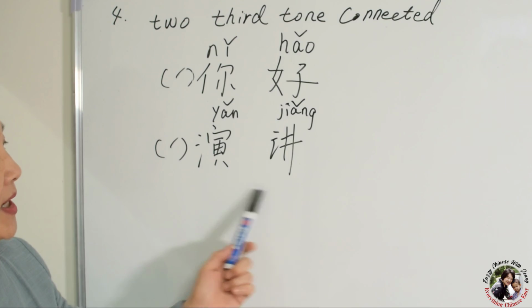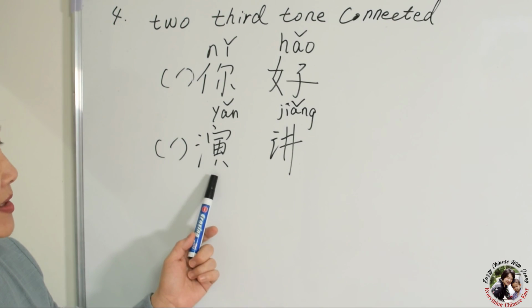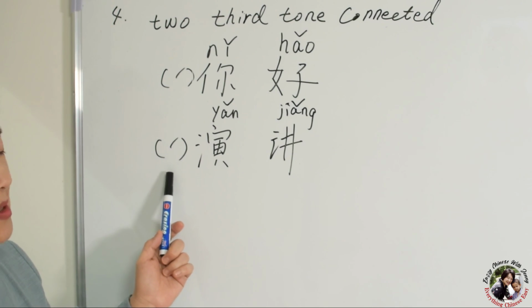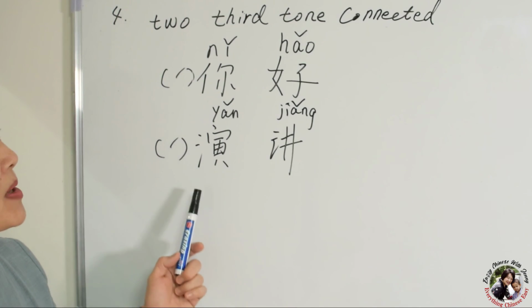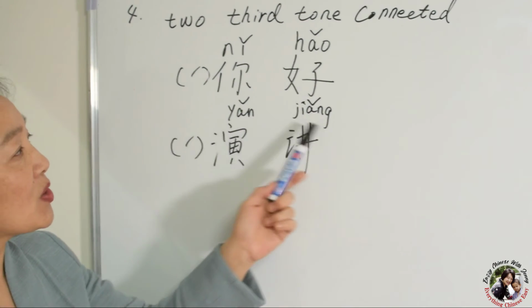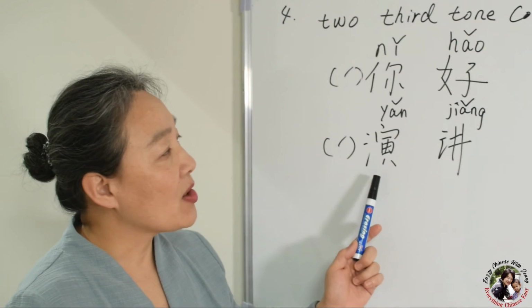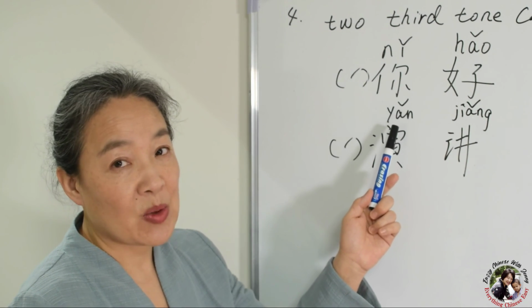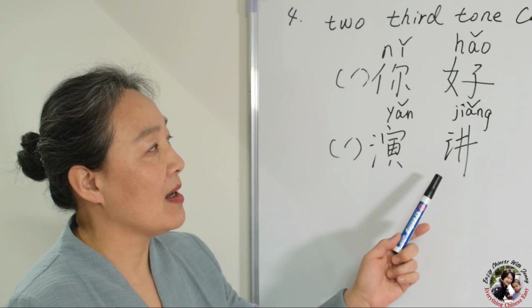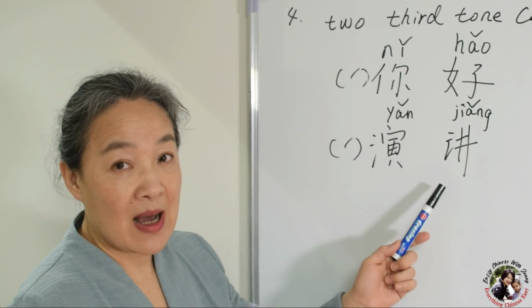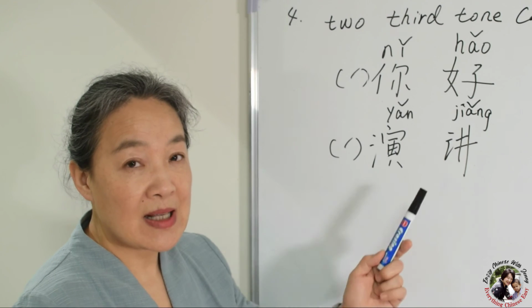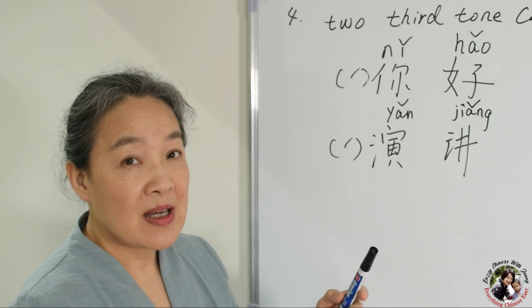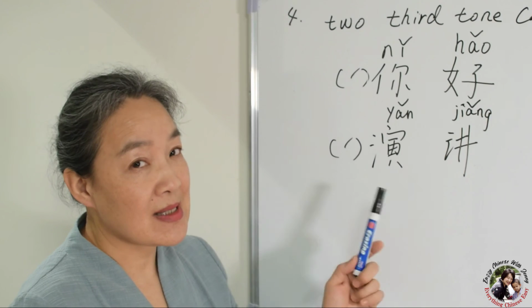But put them together, the first character changes to the second tone. So remember this rule. When two third tone characters are together, you always pronounce the first character in the second tone, not the third tone. 演讲. Can you tell? When they connect together, the pronunciation of the first one is the second tone.